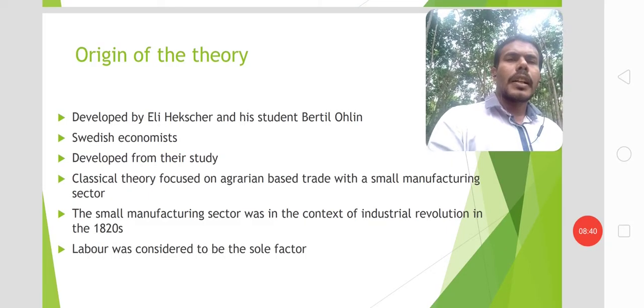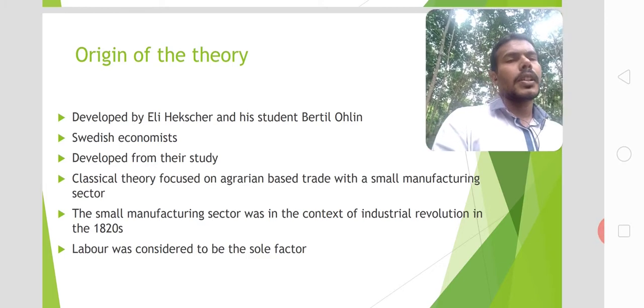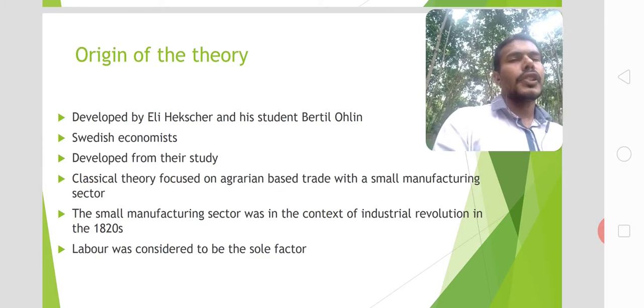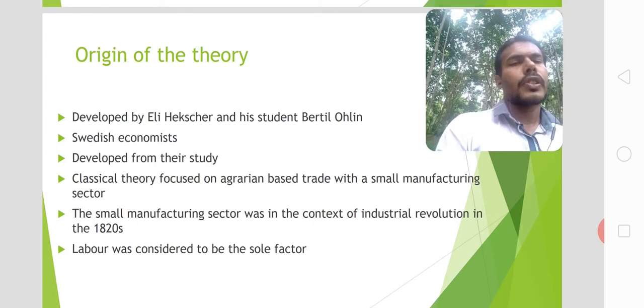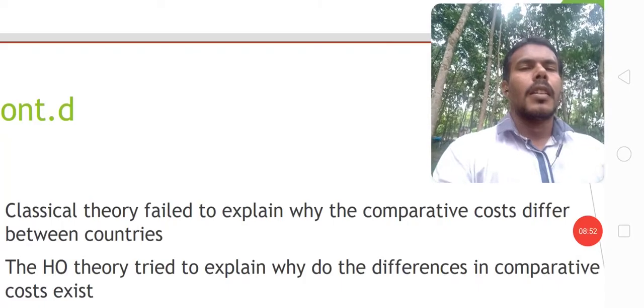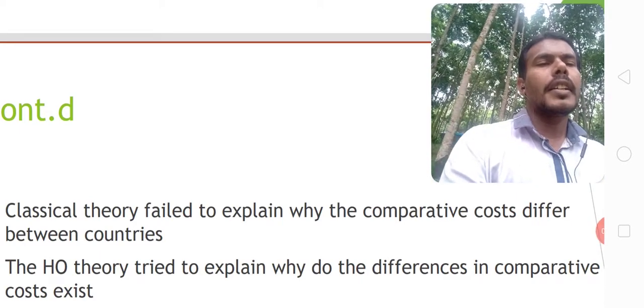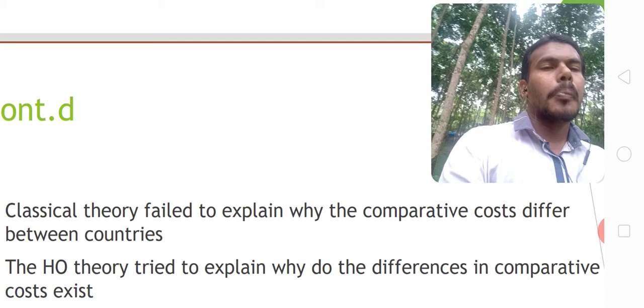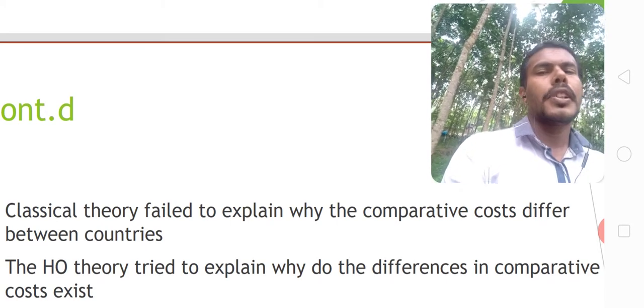So the Heckscher-Ohlin theory was developed to fix the deficiencies of the classical and neoclassical theories of trade. The classical theory of trade failed to explain why the comparative cost differences happen between two nations.